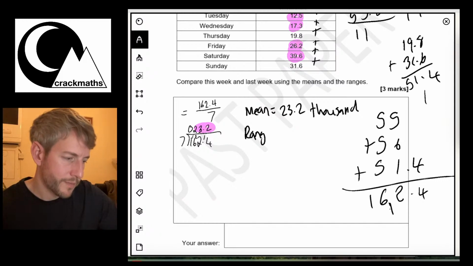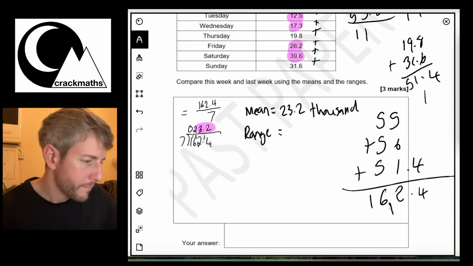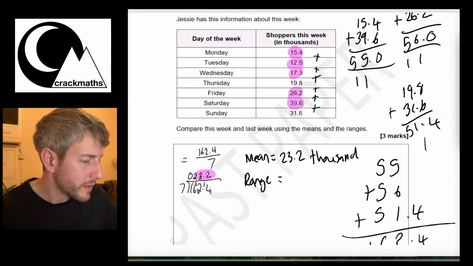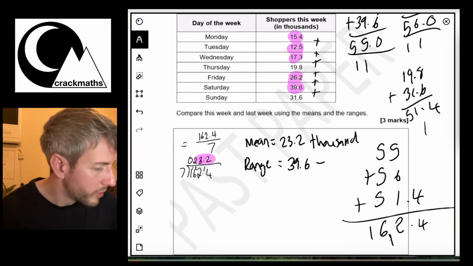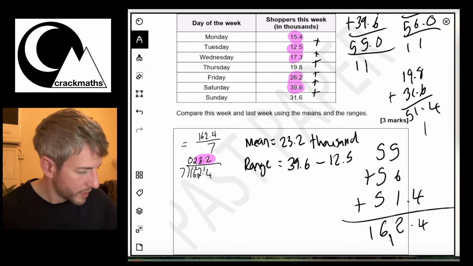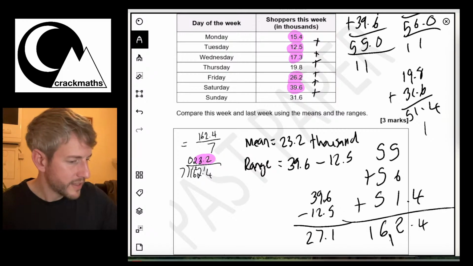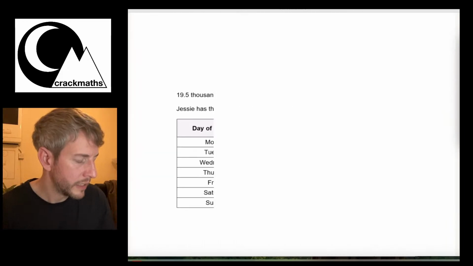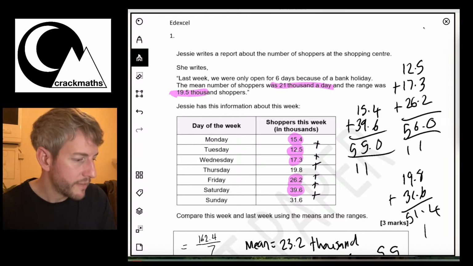And the range will equal the largest take away the smallest, which is going to be 39.6 minus 12.5. So that's 27.1. And then last week had a range of 19.5 thousand and a mean of 21,000.